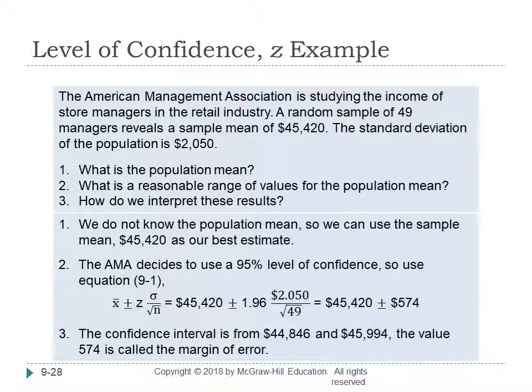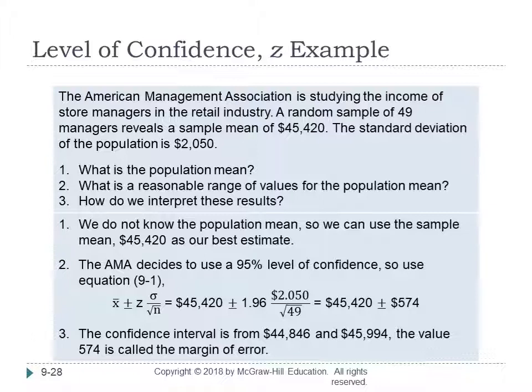Use the formula x bar minus or plus z times sigma over the square root of n. X bar is 45,420. The z-value is 1.96. Sigma, the standard deviation for the population, is 2050, divided by the square root of n, which is the square root of 49.